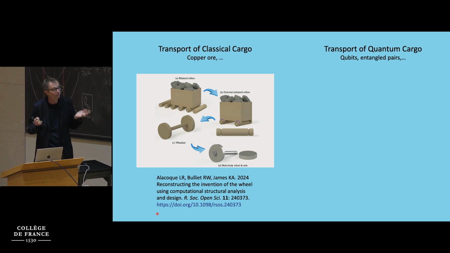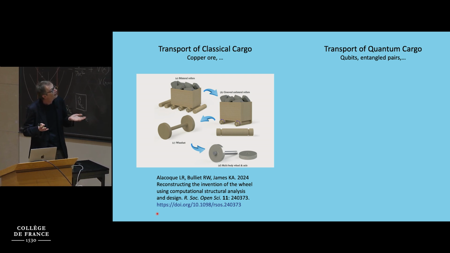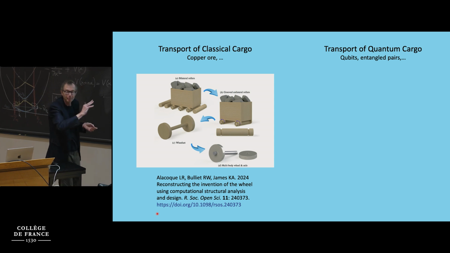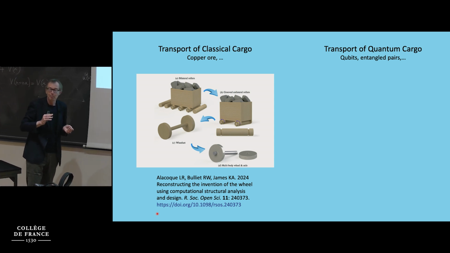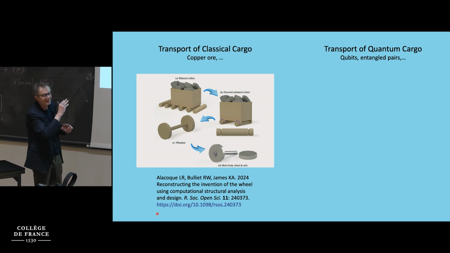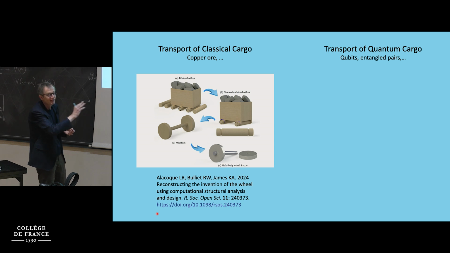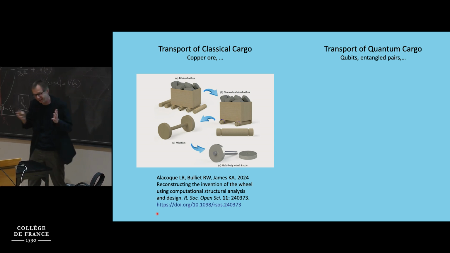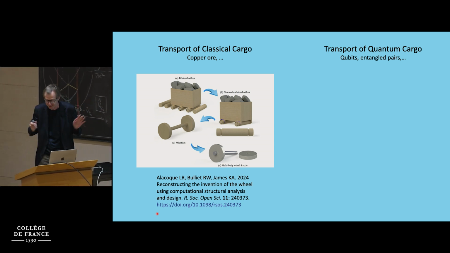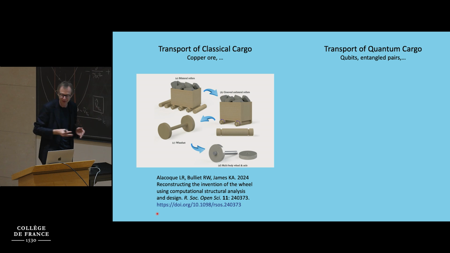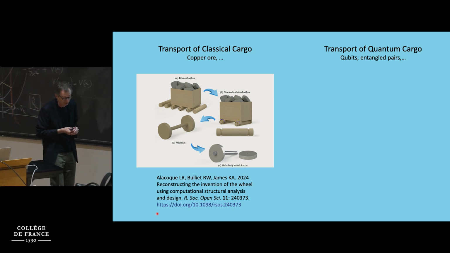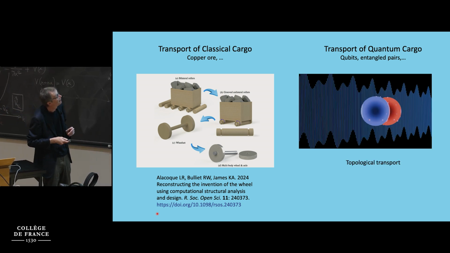Nowadays, we are at a point where we need to think about transport of quantum cargo. And I do like the analogy a little bit, because on the left-hand side, it also took some time. So now we have an exciting question, but for the final quantum computer it may also take some time.